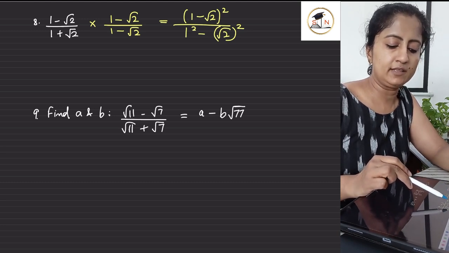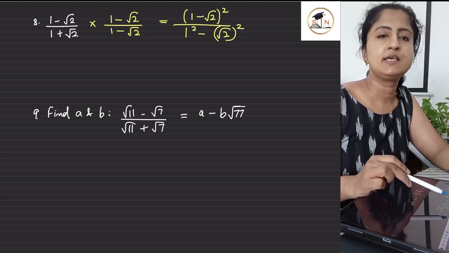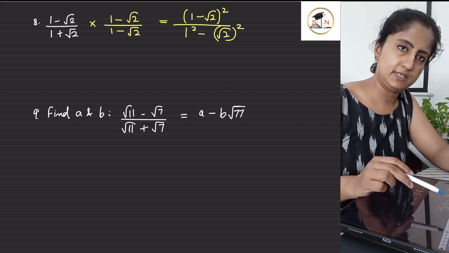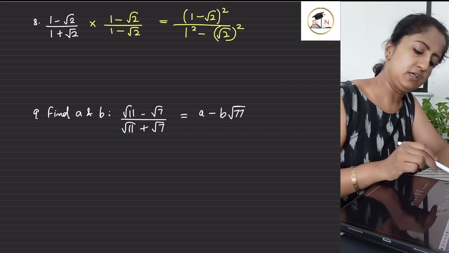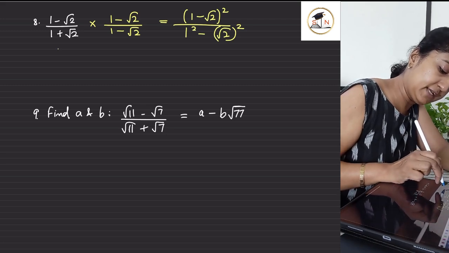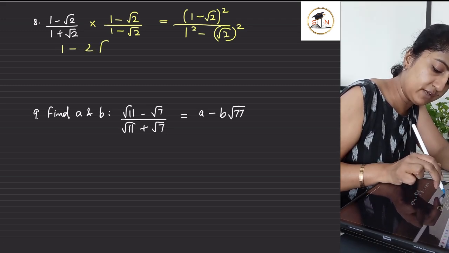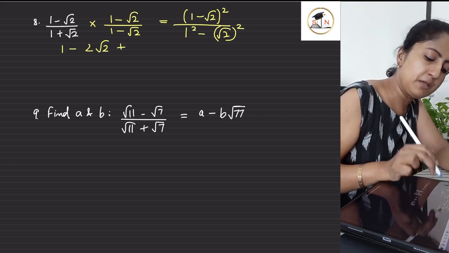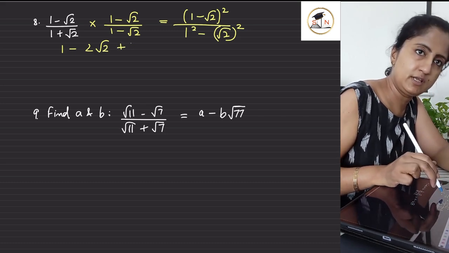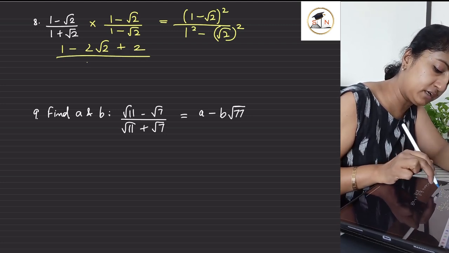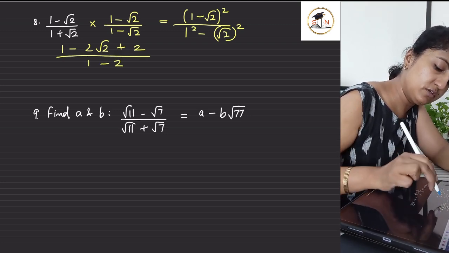In the numerator, what we have is a minus b whole square, which is a square minus 2ab plus b square. So let's start applying that. It gives us 1 minus 2 root 2 plus root 2 square, which becomes 2. In the denominator, we will be left with 1 minus 2.